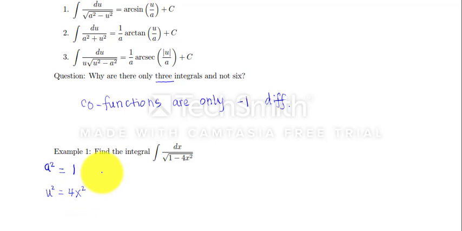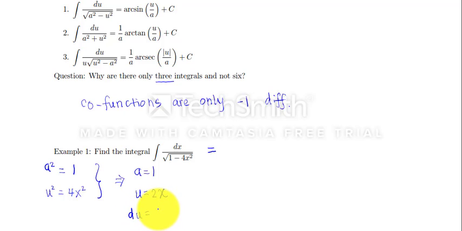And our job is to identify u and a, because those are the expressions we will have in the antiderivative. So we get a equals 1, and square root of both sides we get u equals 2x. So we can transform our integral by using u sub. Because of the u sub, we do need to find du.